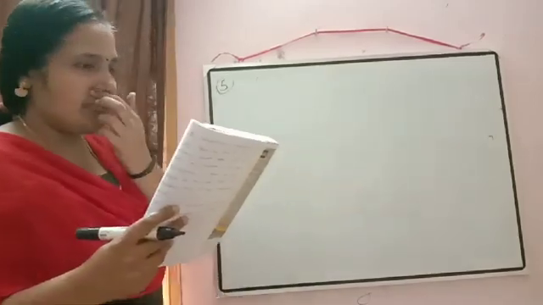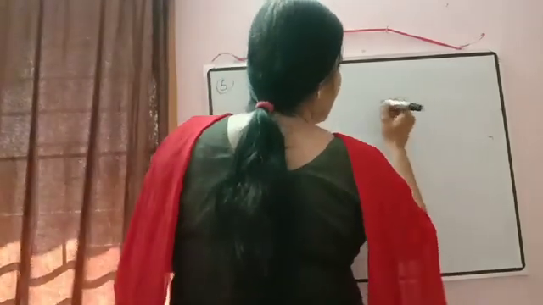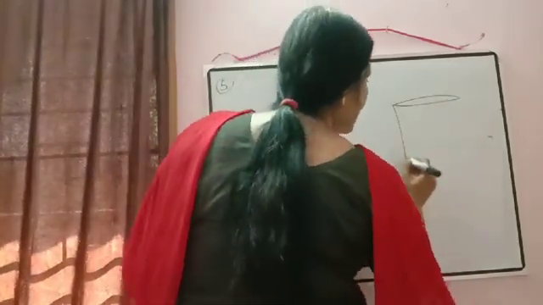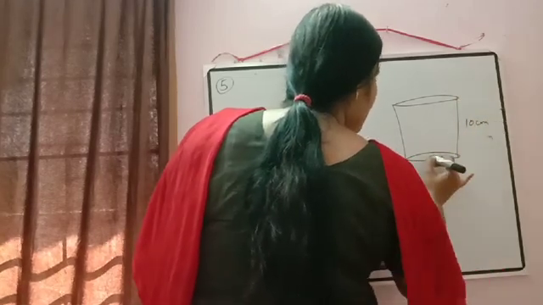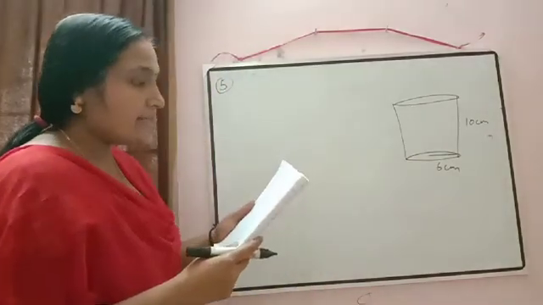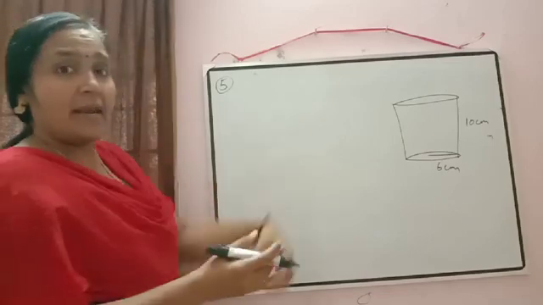Now, next question is, from a solid cylinder with height 10 centimeter and base radius 6 centimeter, a right circular cone of same height and same base is removed.